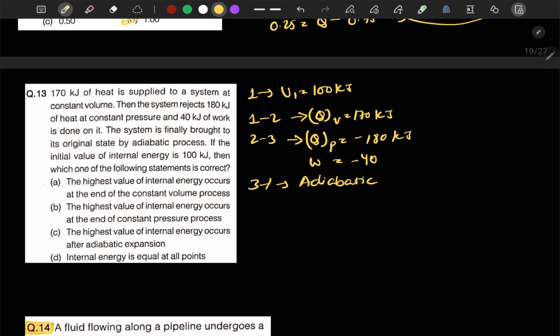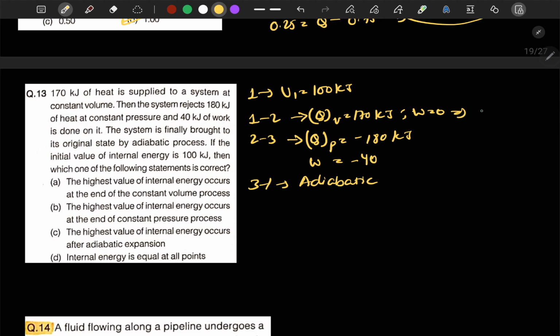It is mentioned that 1 to 2 is at constant volume. Since there is constant volume, it means that work done is equal to 0.